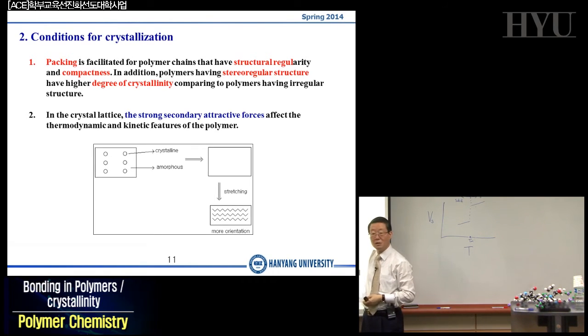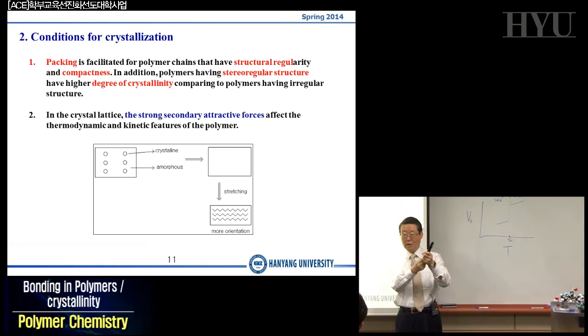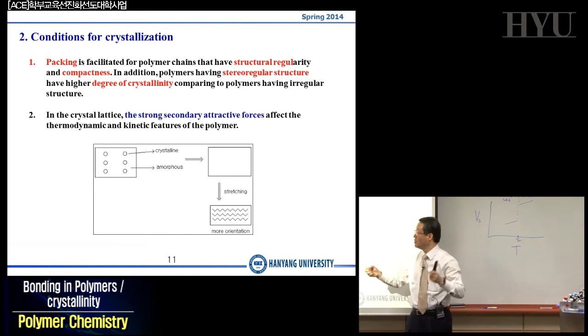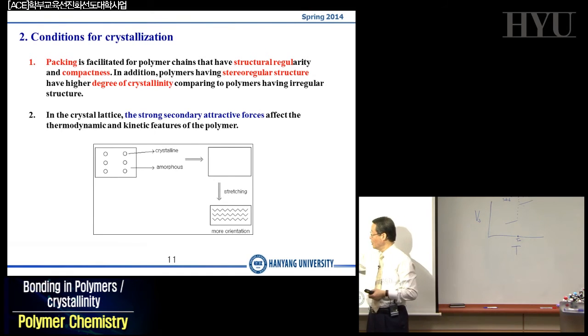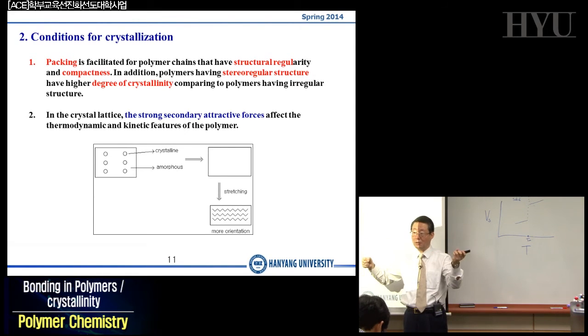But if you apply stress, like orientation, then your polymer chains will start to have orientation, so that they align in one direction or two directions, depending upon your stress directions.